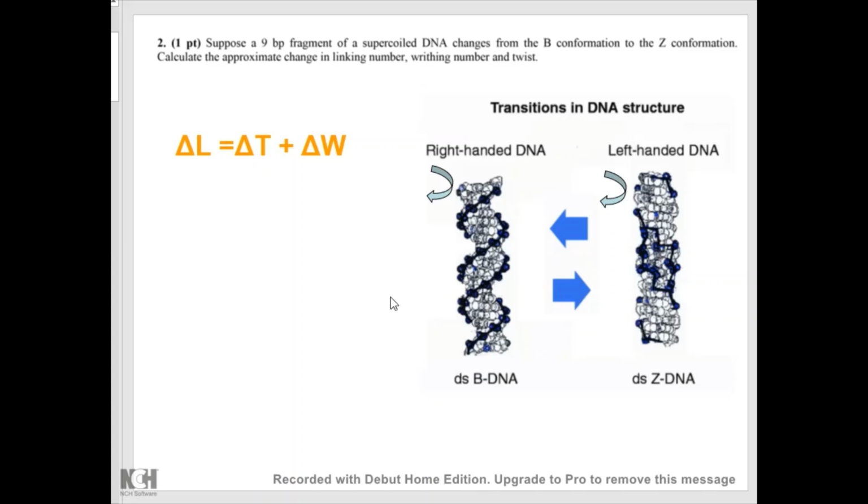Okay, now I strongly encourage you to imagine what happens when BDNA changes its conformation to ZDNA. So BDNA, a right-handed helical structure, should be unwound.